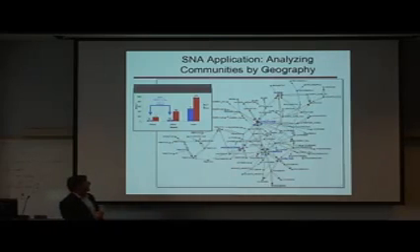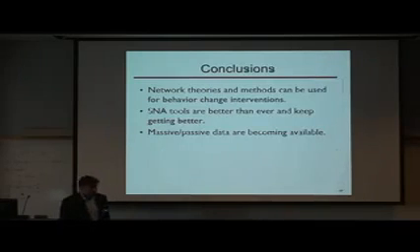And the difference in distance between discussion and advice partners is also different. You're more likely to discuss issues with people that are near you, and the people that you go to for advice are more likely to be further away. So there's a lot of construct validity to the way these networks are measured.